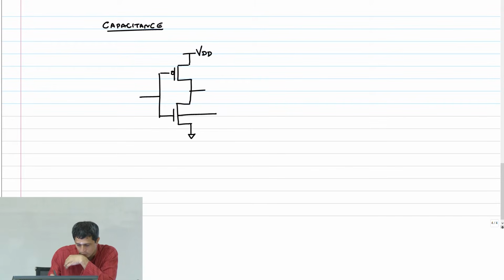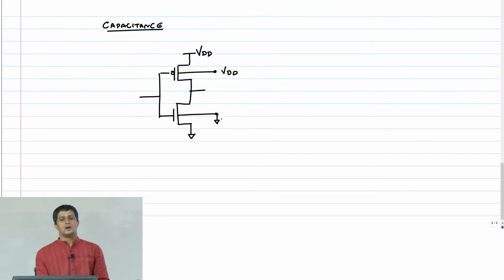Let me also draw the body node. This is connected to VDD, this is connected to ground. Now what are the capacitances for this inverter?